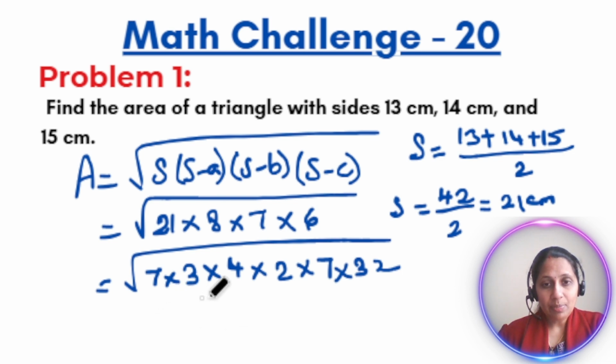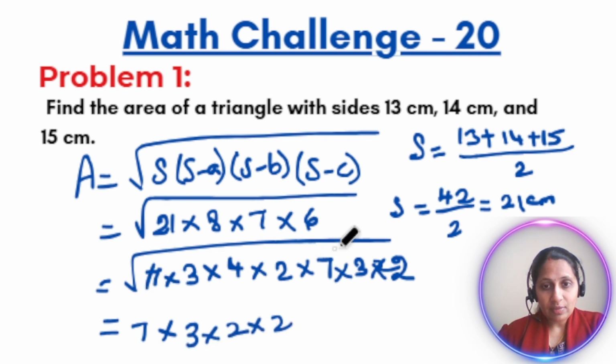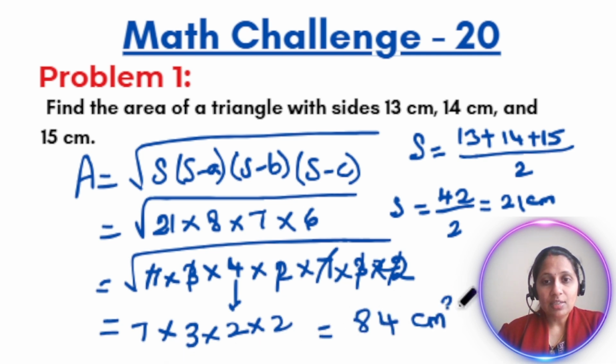So let's pair up. Taking out the square root, you get 7 times 3 times 2 times 2. So the 7s become one 7, and these two 3s become one 3. The 4 can be replaced with 2, and these two 2s can be replaced with 2. So 21 times 4, which is 84 centimeters square, is the answer for your very first problem.